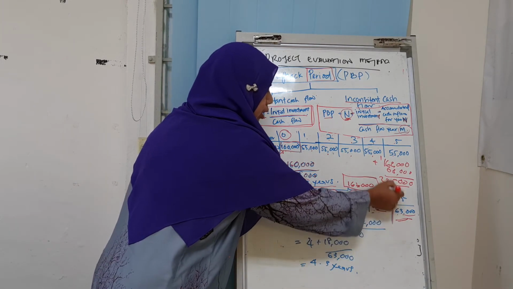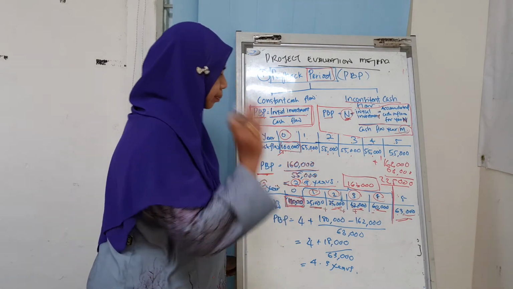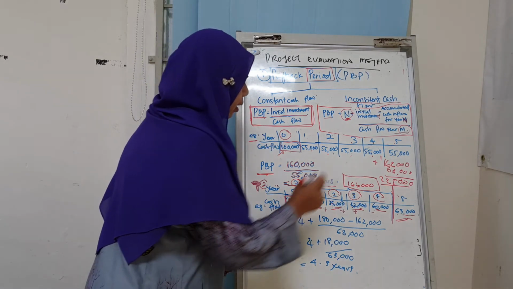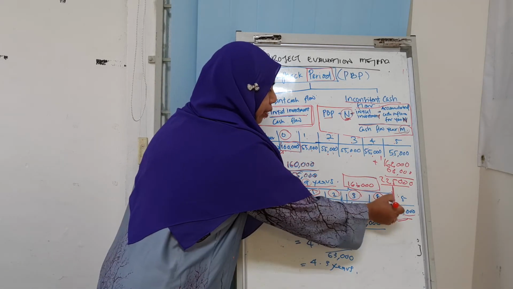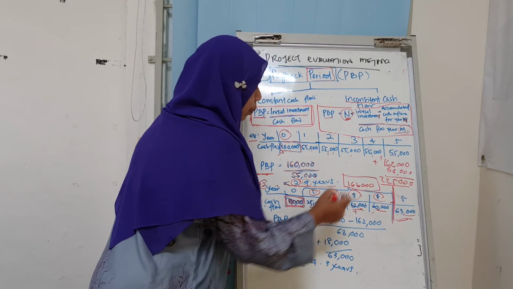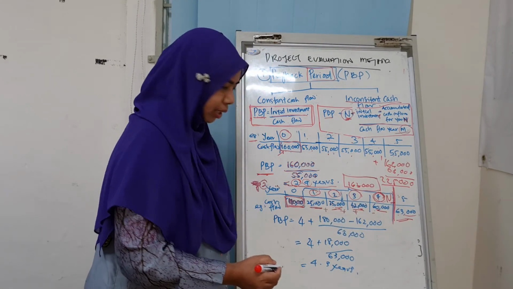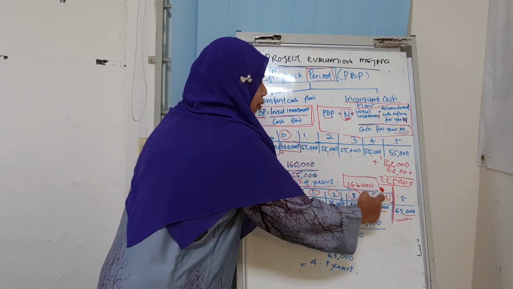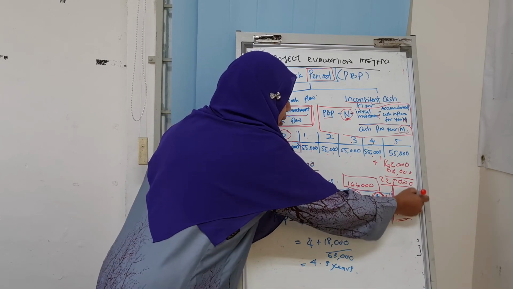The cash flow must not be more than 180,000, right? Then in this question, they have stopped at 4 years, alright? So 4 is N, and the next year is M.